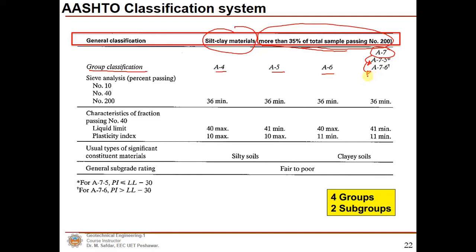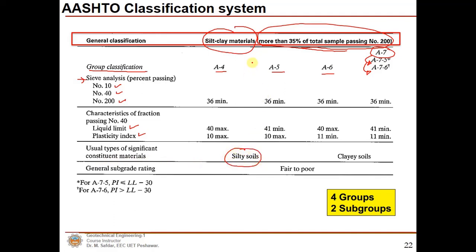Again, sieve analysis percent passing information for number 10, number 40, and number 200 sieves is also given. Characteristics of the fraction passing number 40 sieve, such as liquid limit and plasticity index, are also given, along with the usual types of significant constituent materials.